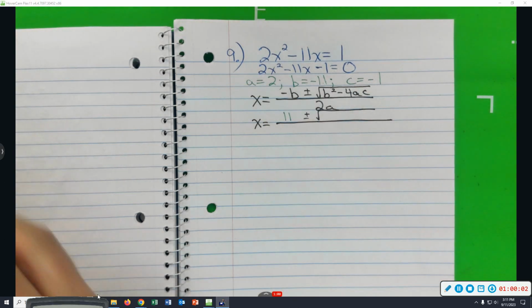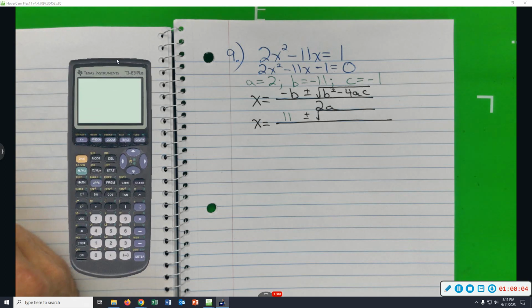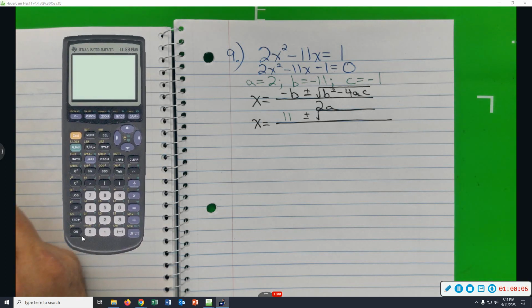b squared. It's best to either do it in your head if the numbers are small enough, or use a calculator.